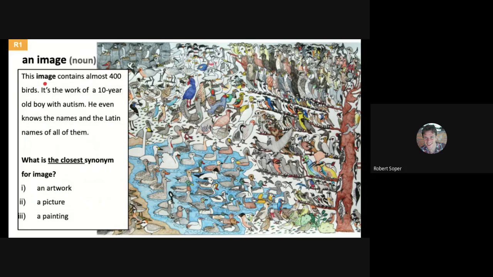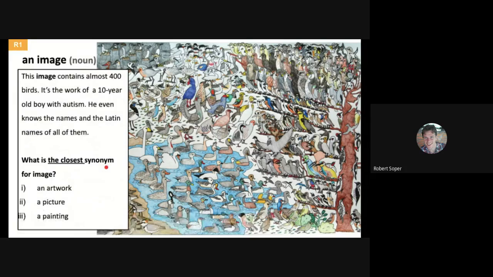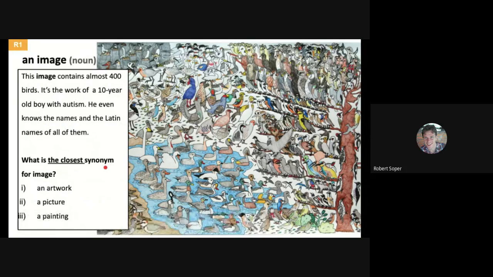So even though that's an amazing fact, we're really focusing here on image, okay? Let's think about what is the closest synonym for image. Remember, a synonym is a similar word or a word with a similar meaning. So what is the closest synonym for image? Is it an artwork? Is it a picture?